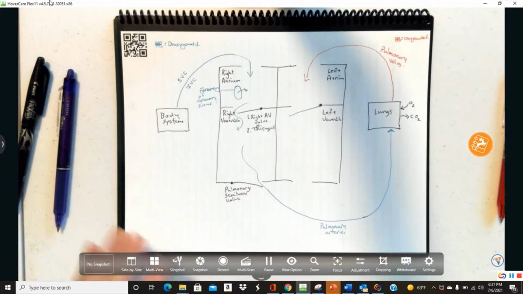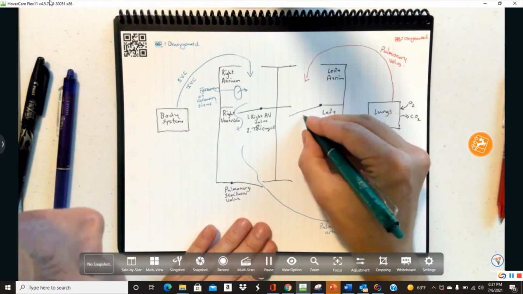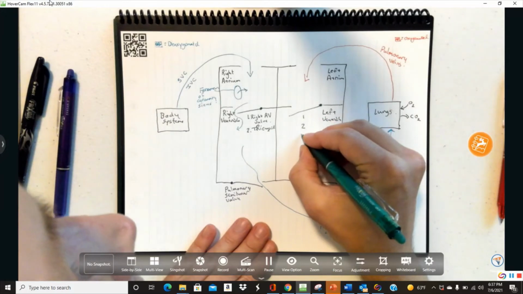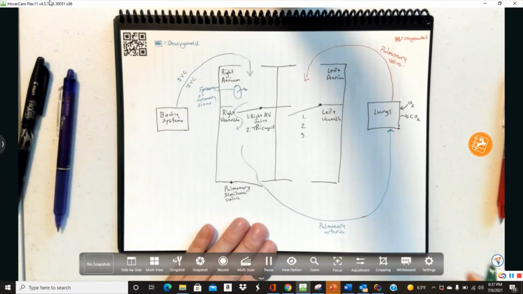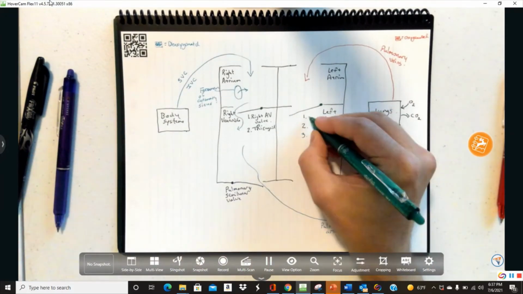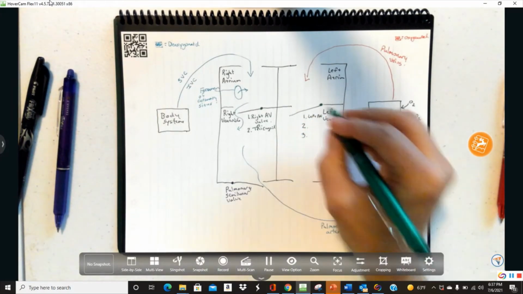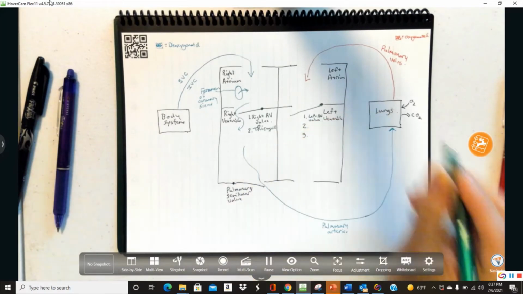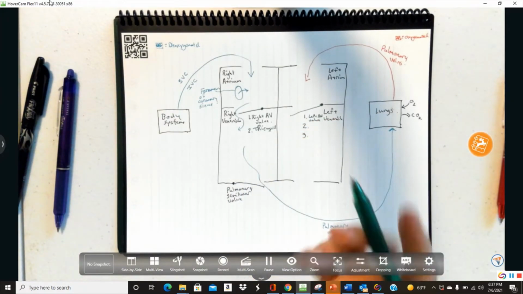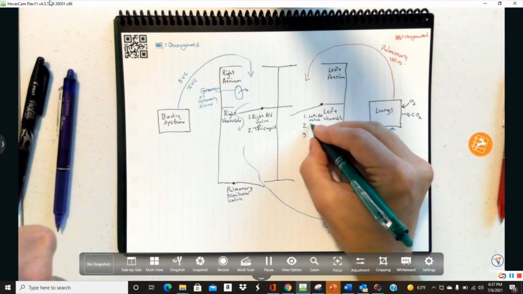And that trapdoor actually gets many names. 1, 2, 3 names. Now, we're going to, of course, call it the left AV valve. Left atrioventricular valve. But another name given to it is the bicuspid.